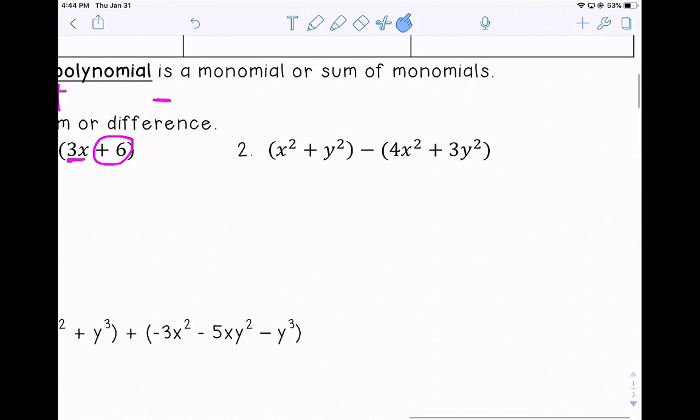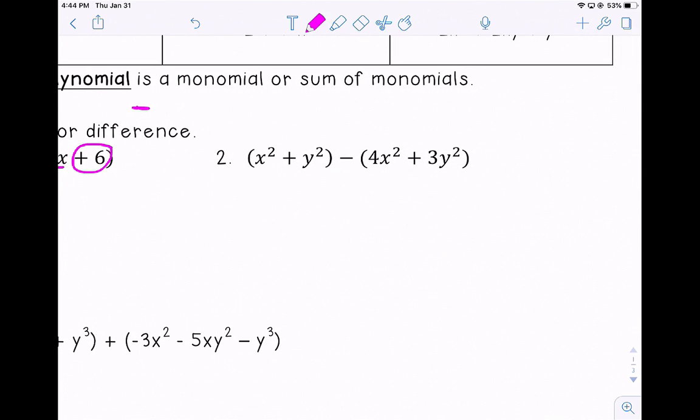So number 2, a little bit different just because now we are subtracting. So when we are subtracting, you could do it a couple of different ways. I definitely am going to suggest that you distribute this minus sign to both of these pieces. Basically, that's like a negative 1 that we want to distribute. The first piece we normally would get right, but students forget that we're also subtracting this 3y squared just because the minus sign is so far away.